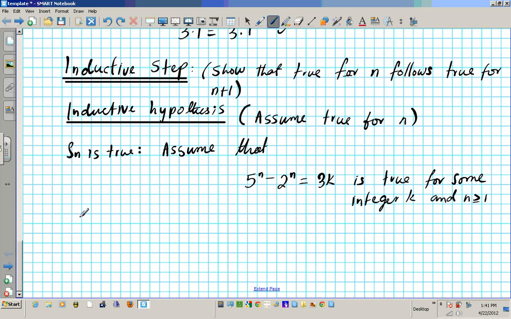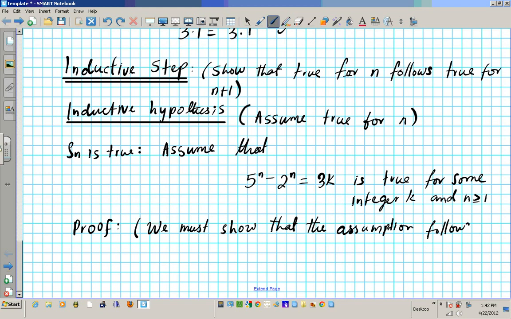Now the next part is the proof. For the proof, we must show that the assumption, this assumption I made here, follows that n plus 1 is also true.